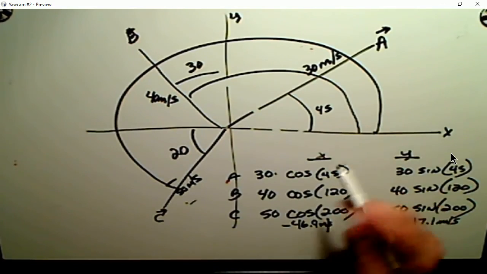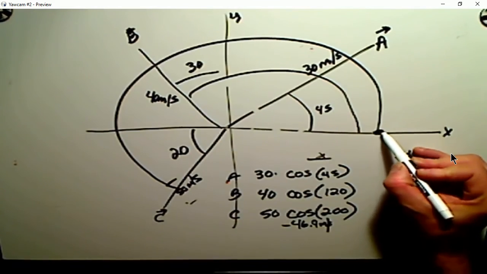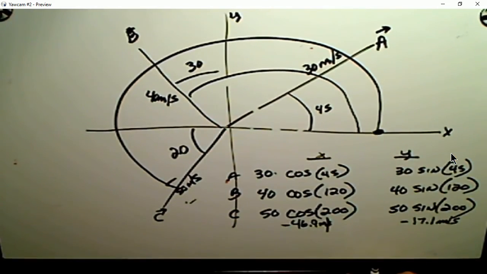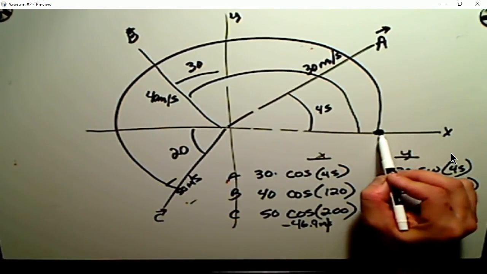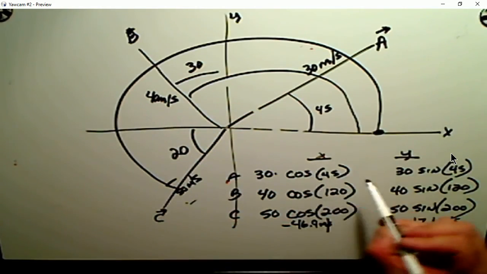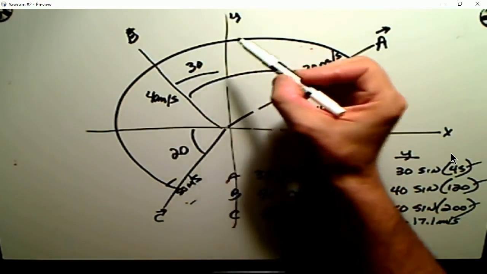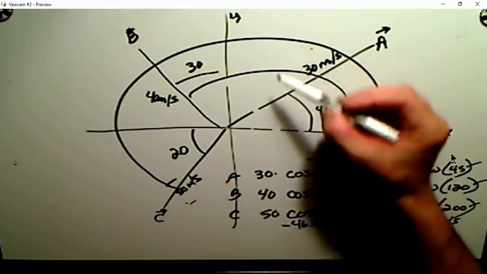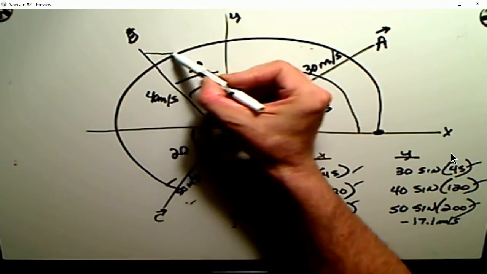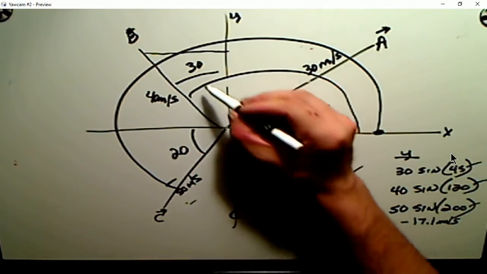So doing it using a polar method, always starting from the positive x direction and going counterclockwise, getting the degrees, you will always have cosine in the x direction and sine in the y direction. You could also quite readily do this way. This is 30 degrees, right?